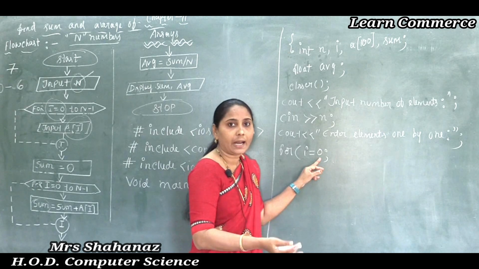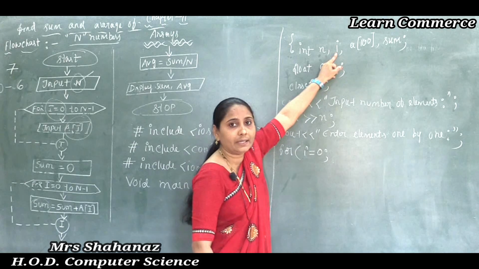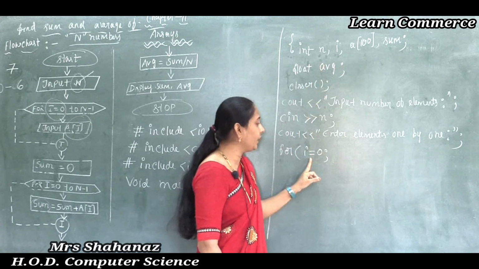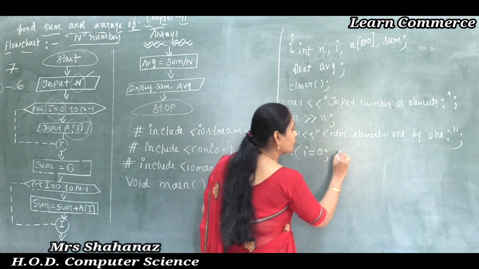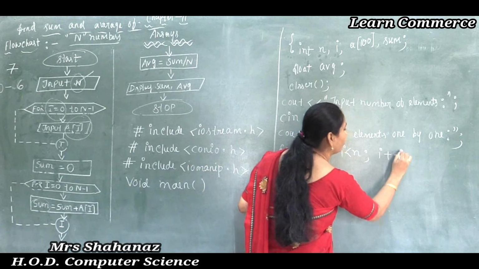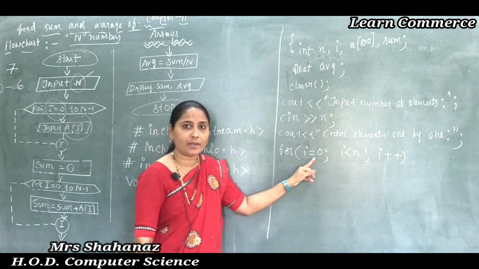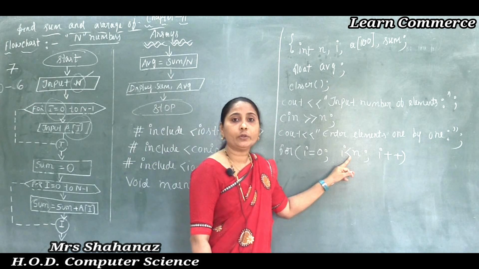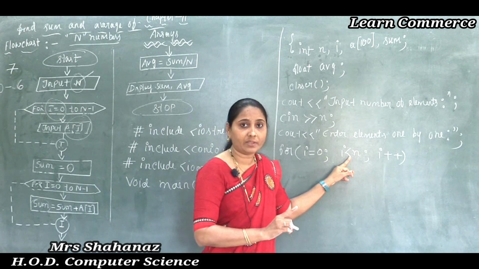I already declared the variable i, so there is no problem in using it, and later i equal to 0, i less than n here, i plus plus. First it is going to accept the position 0 value, and then check the condition: 0 compared with 6 here.